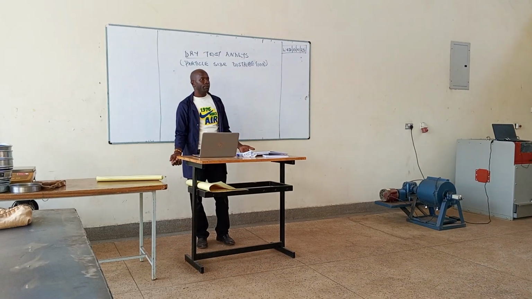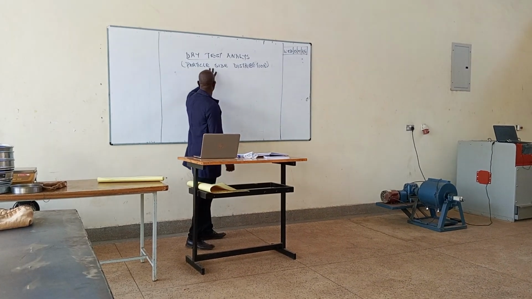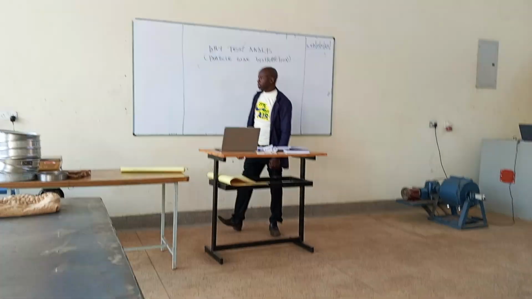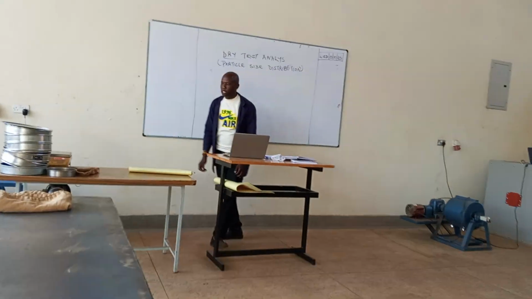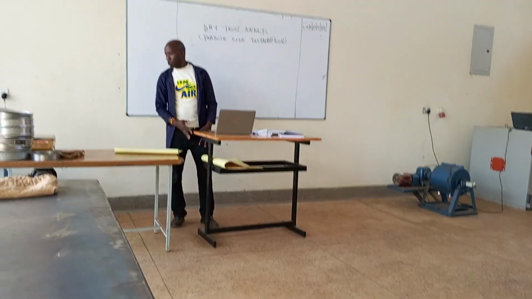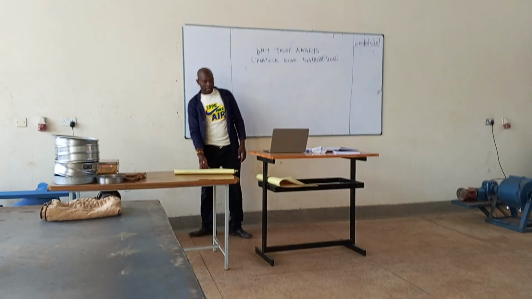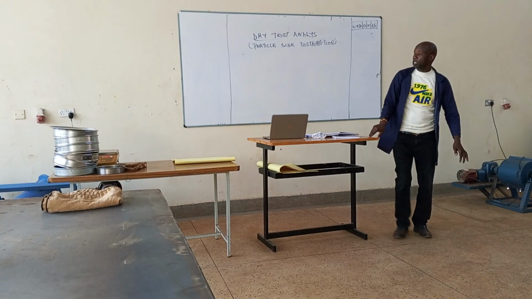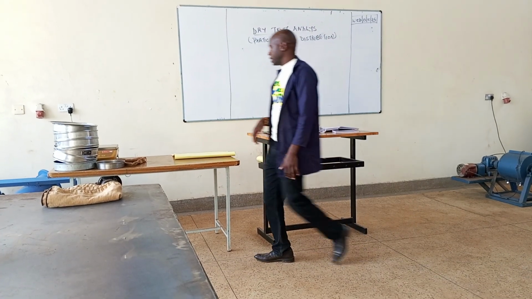So is that clear? We have a major objective that we are going to do. To begin with, let's identify the apparatus that we are going to use. I need to distribute some of the apparatus, then everyone will remain here. You assist me to give the names of this apparatus.